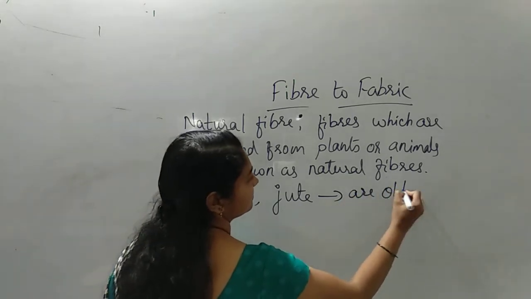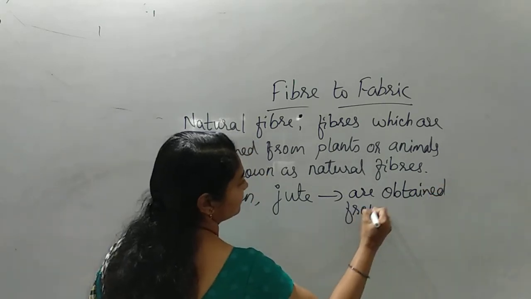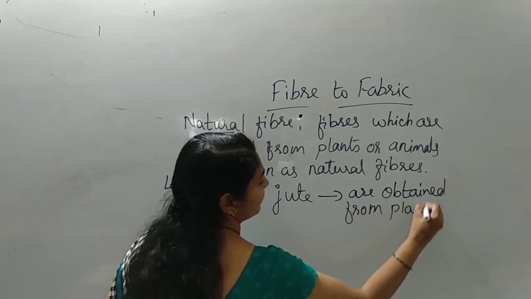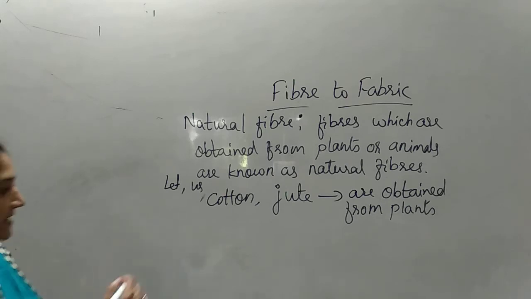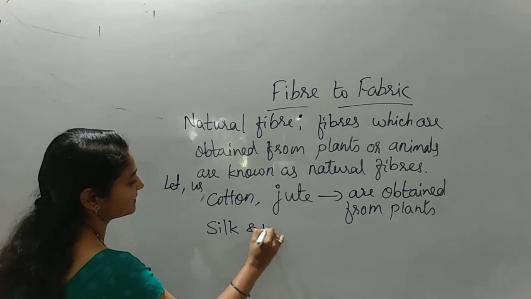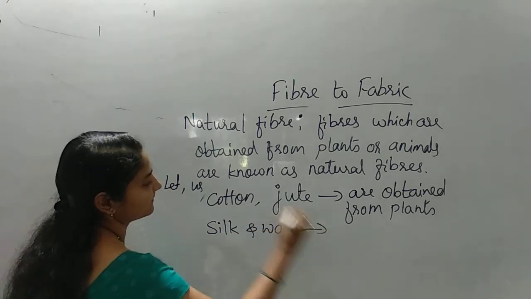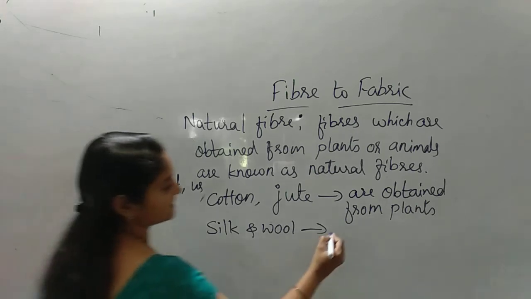Then from animals, what are the fibers which are obtained from animals? Yes, silk and wool. Right? Silk and wool are obtained from animals.